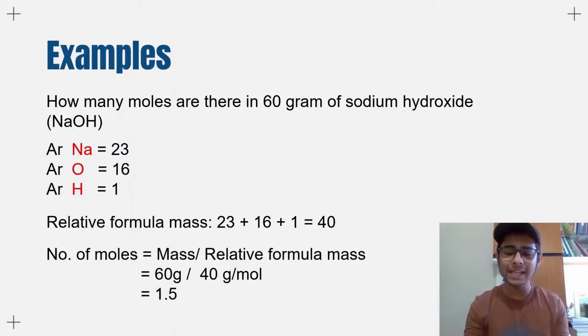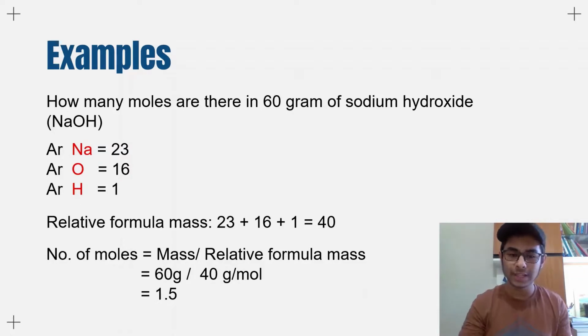In the case of elements, the first thing we did was input the formula, mass divided by relative atomic mass, and then we did the calculations. But in the case of sodium hydroxide, which is a compound, we first need to find out the relative formula mass. We already know how to do that.